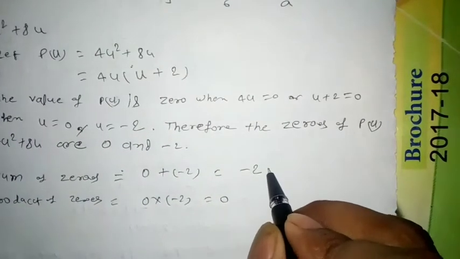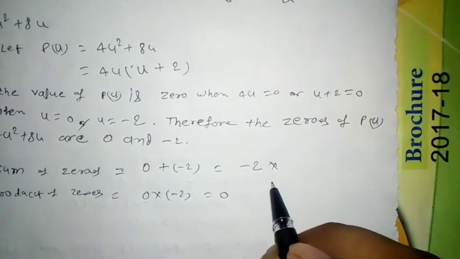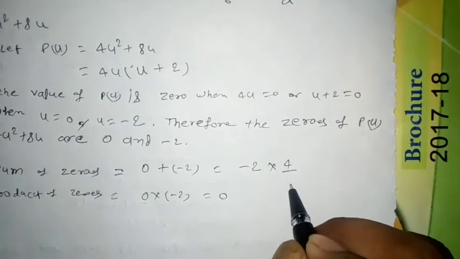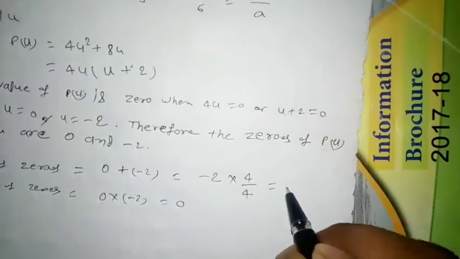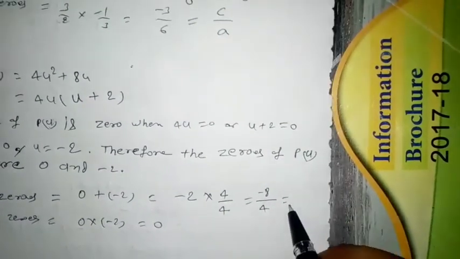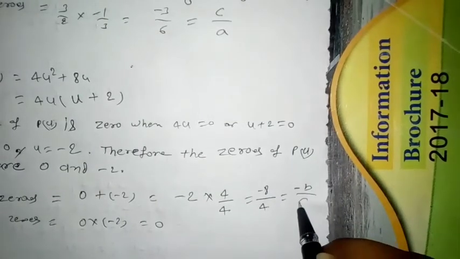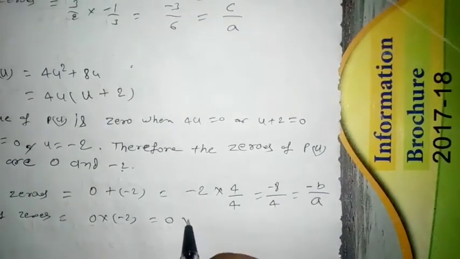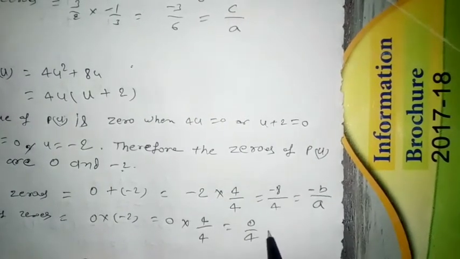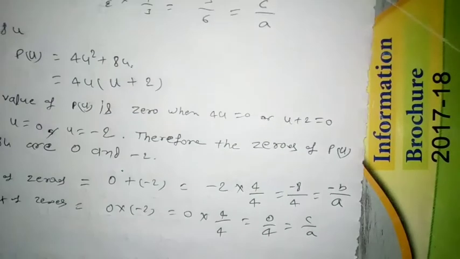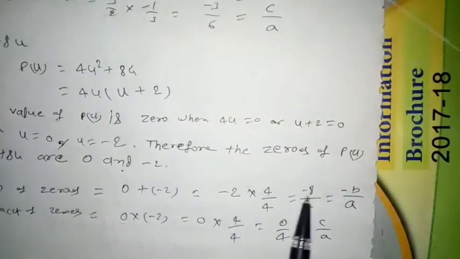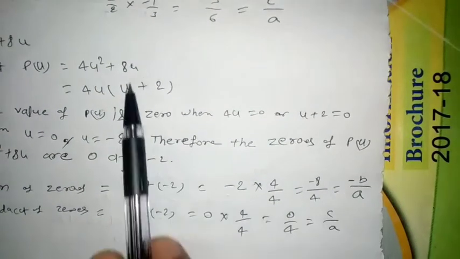Now I multiply numerator 4 and denominator also 4 is equal to minus 8 by 4 is equal to minus b by a. Now here also multiply numerator 4 and denominator 4 is equal to 0 by 4 is equal to c by a. Okay, a is equal to 4, b is equal to plus 8, minus minus cancel, then b is equal to plus 8. Okay, and c is 0.